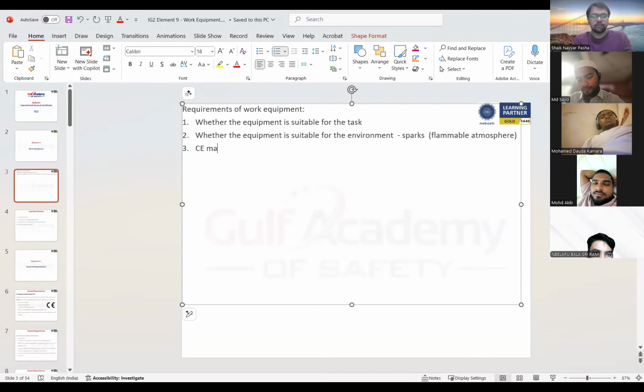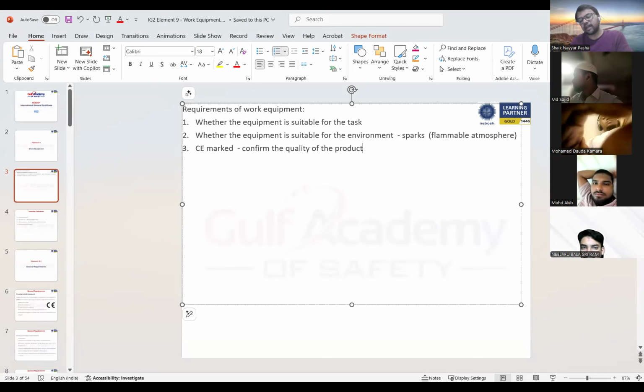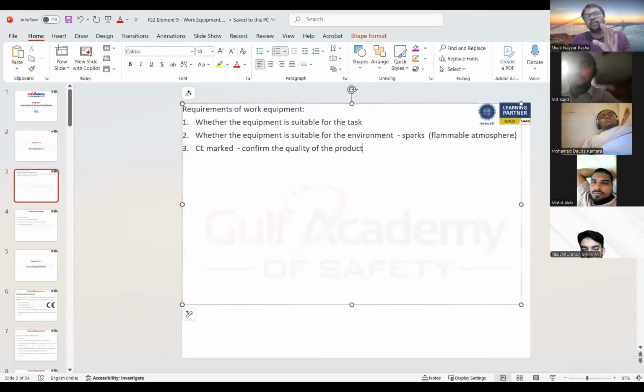The third one is whether the equipment is CE marked, to confirm the quality of the product. Generally in India, we have the ISI mark, Indian Standards Institute. But globally, the best quality standard which most companies accept is CE, European standards, which certifies the quality of a particular product.